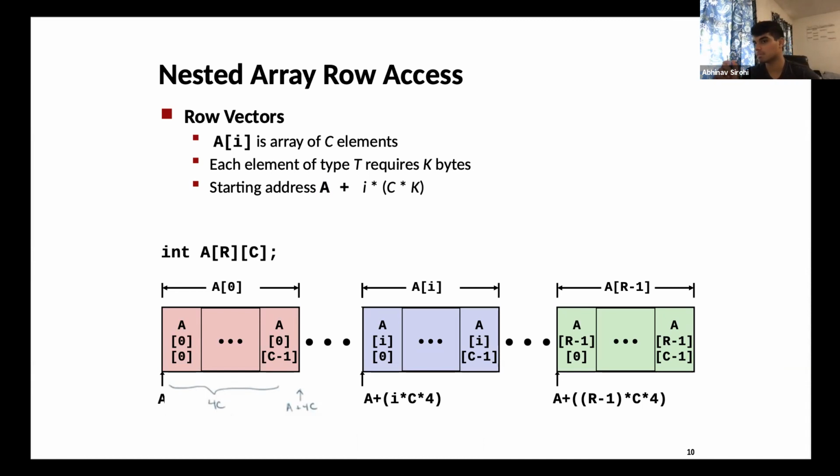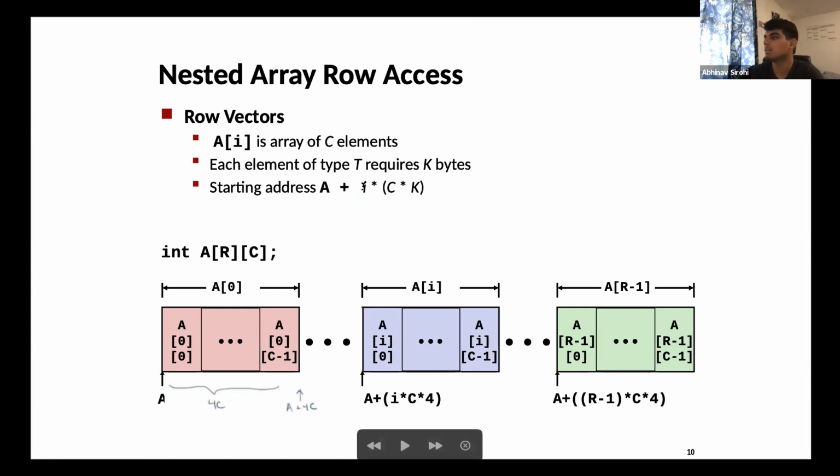So when we do 4 times C, we'll get the number of bytes in the row. When we do A plus 4C, that gets us to the end of the row. If we want to get to a specific row, we also need to multiply by the row that we want.